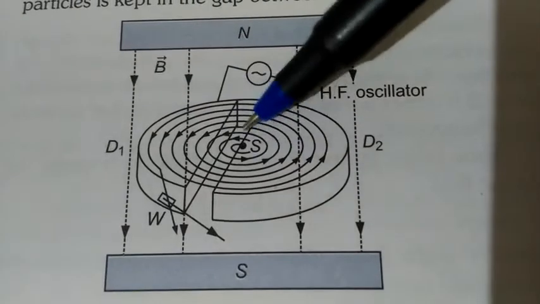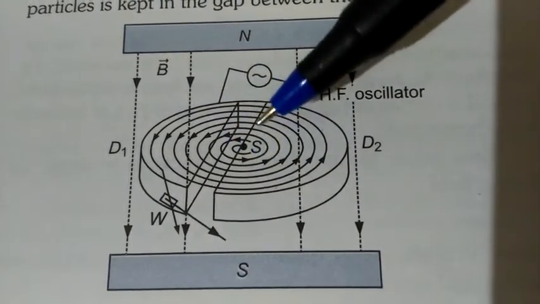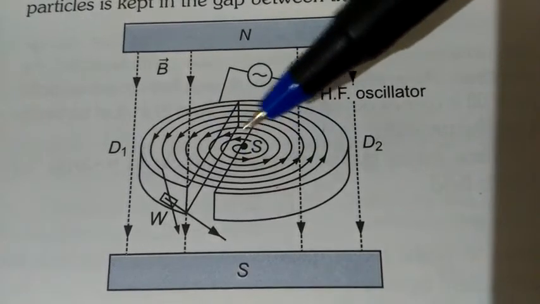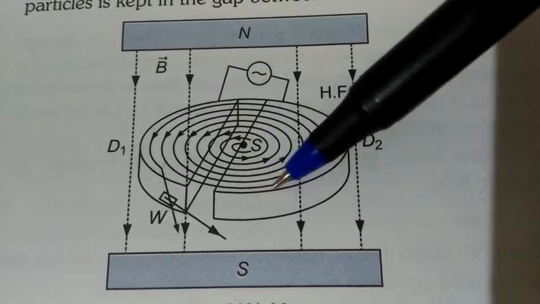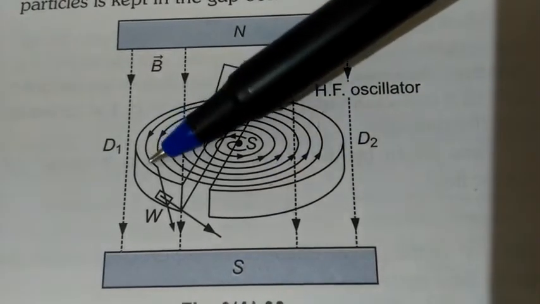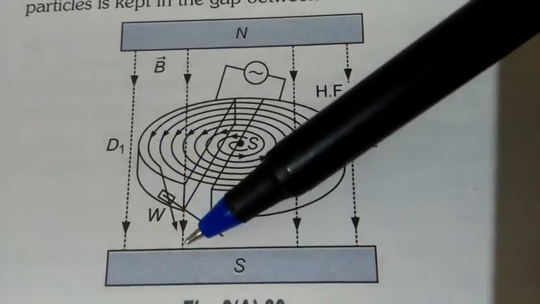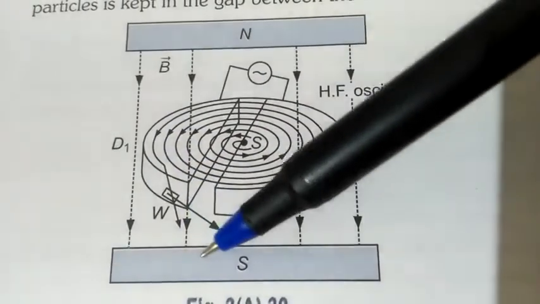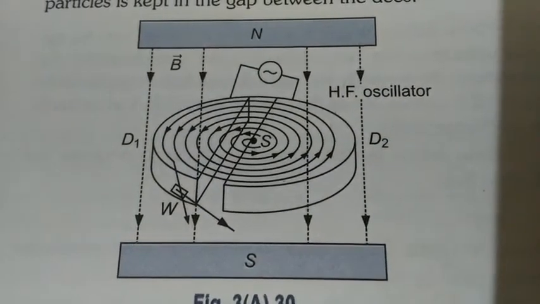So the particle starts moving like a cyclone, and that's why the device is named as cyclotron. Then when the particle attains the maximum radius, what happens? It will come out from a window and strike whatever target is placed in front of it.